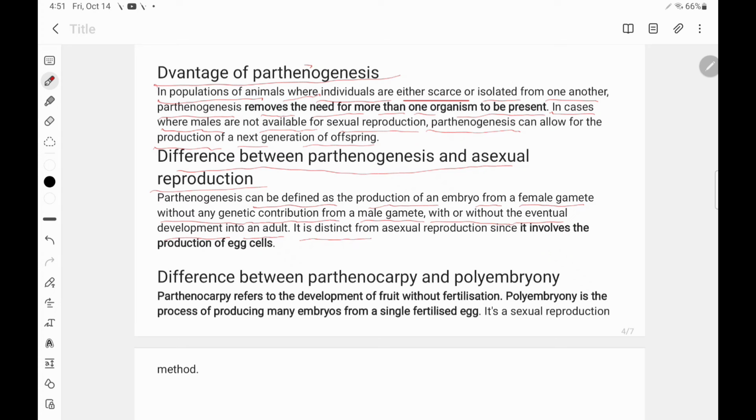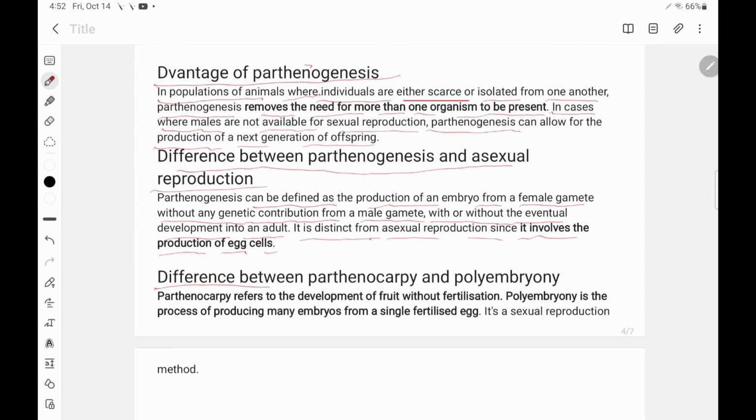It is distinct from asexual reproduction since it involves the production of egg cells. Without egg cells, the organism cannot be formed. In asexual reproduction, there is no need for the egg or for male and female gametophytes. A simple cell develops into a simple organism.